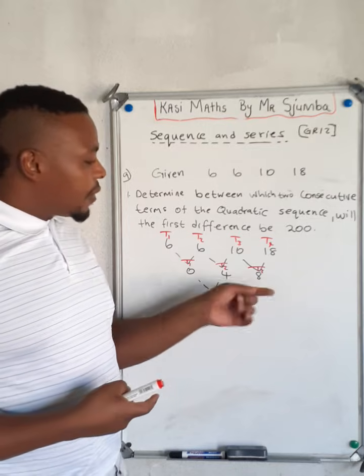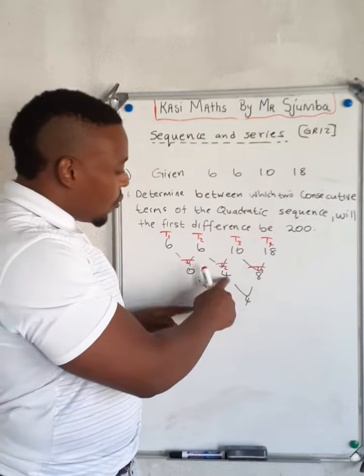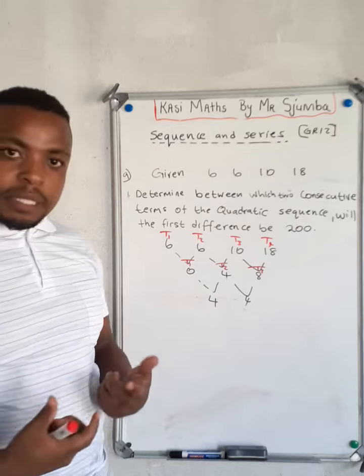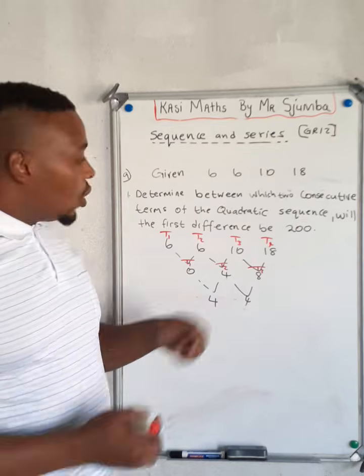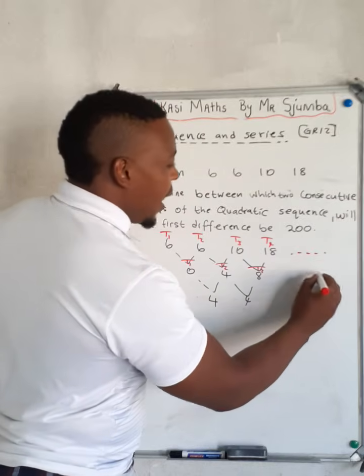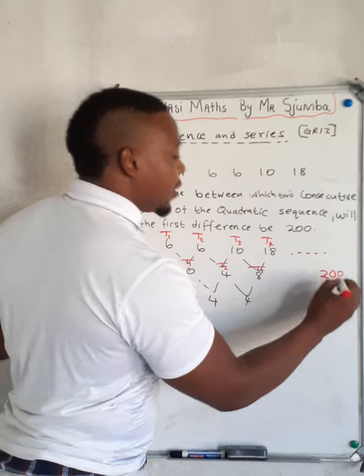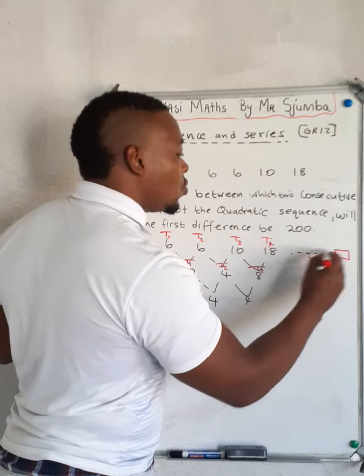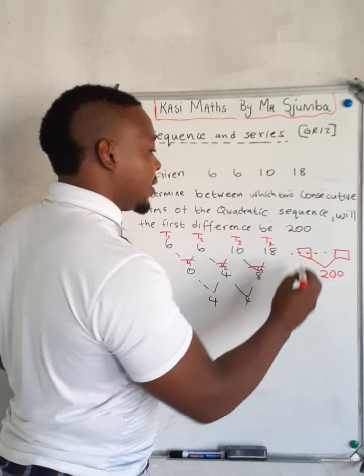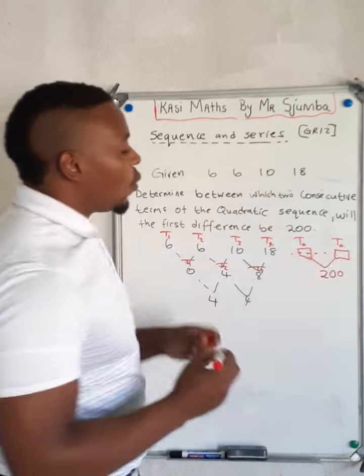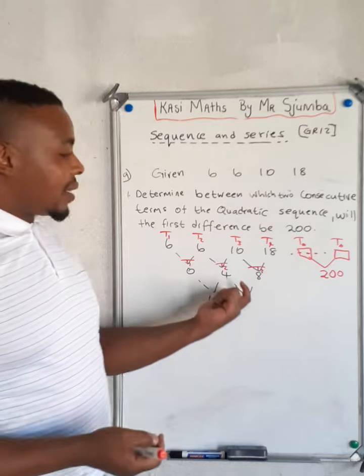So somewhere down the line we have a first difference which is 200. Now we want to know between which term and which term of the quadratic 200 is.